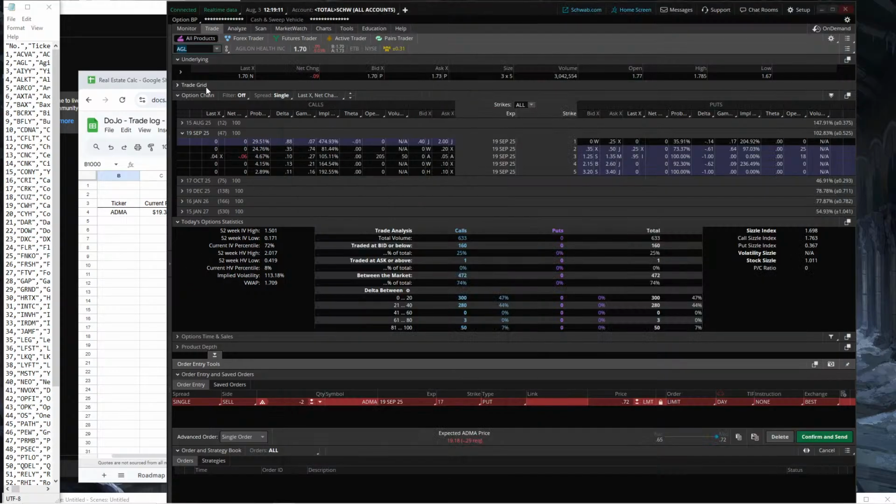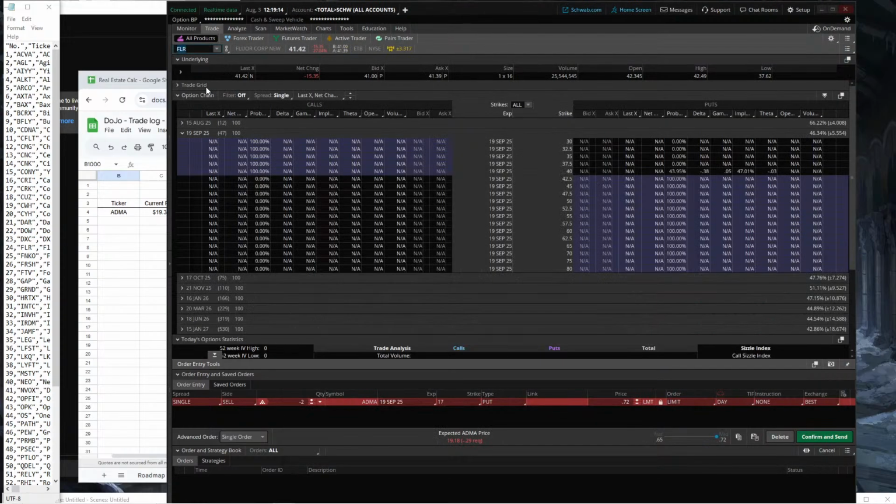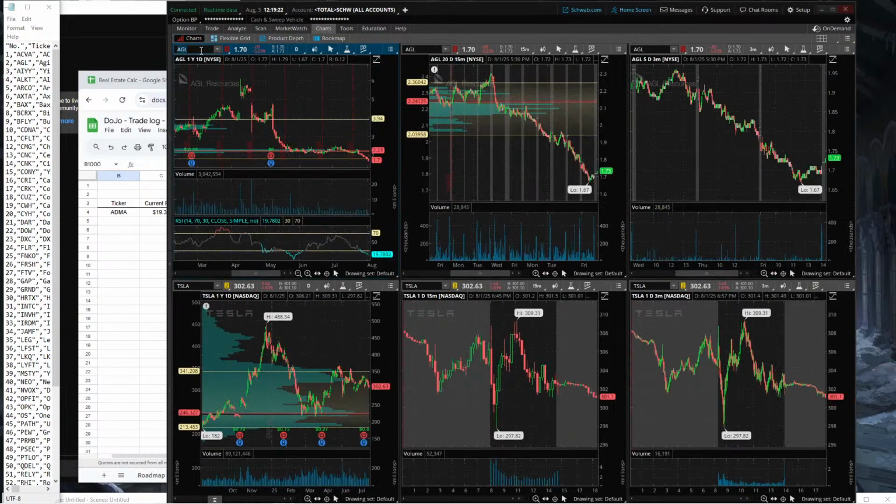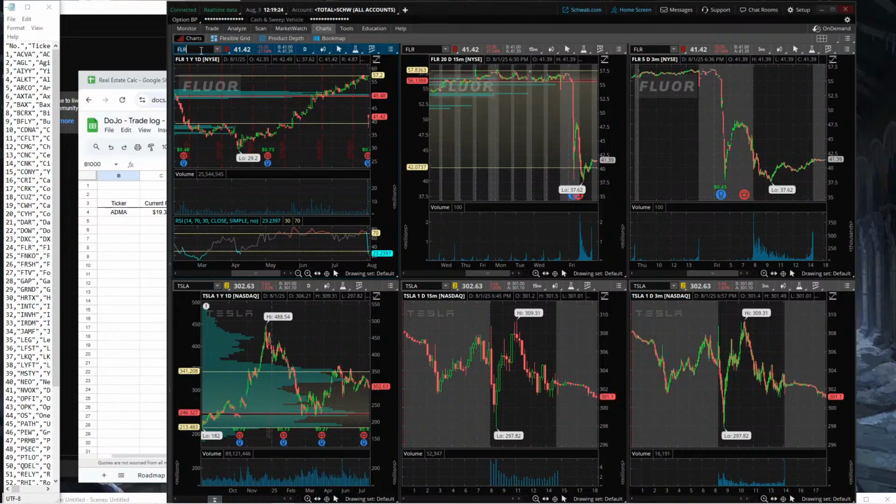FLR. Let's see what that looks like. Okay, that's better. $41.22, it's moving up. That's a crazy jump.